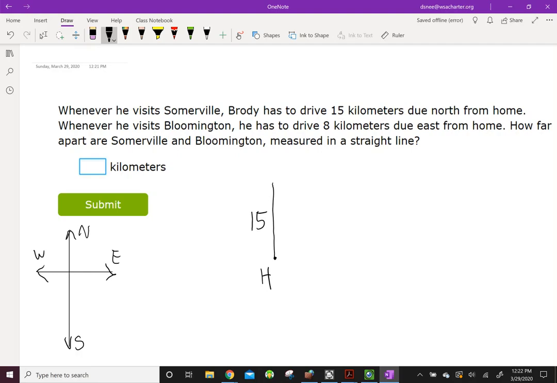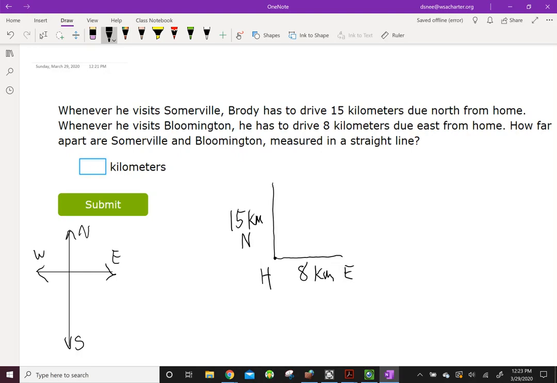Whenever he visits Bloomington, he has to drive 8 kilometers east from home. So that's going to be 8 kilometers east, and this is going to be 15 kilometers north.